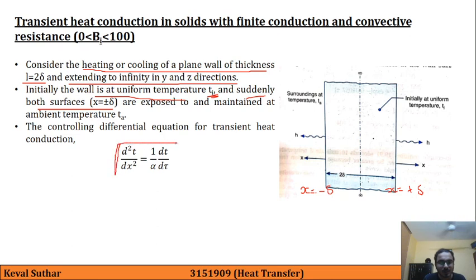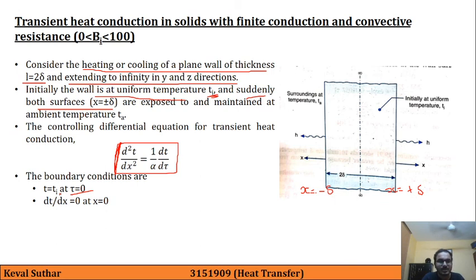If you recall, this is our very simple equation of one-dimensional heat conduction, and here we will be putting some boundary conditions, like at tau equal to 0, initially this wall is at temperature Ti. Second is dT by dx equal to 0 at x equal to 0 due to symmetry. So at this location, at x equal to 0, we have dT by dx equal to 0, so temperature is constant.